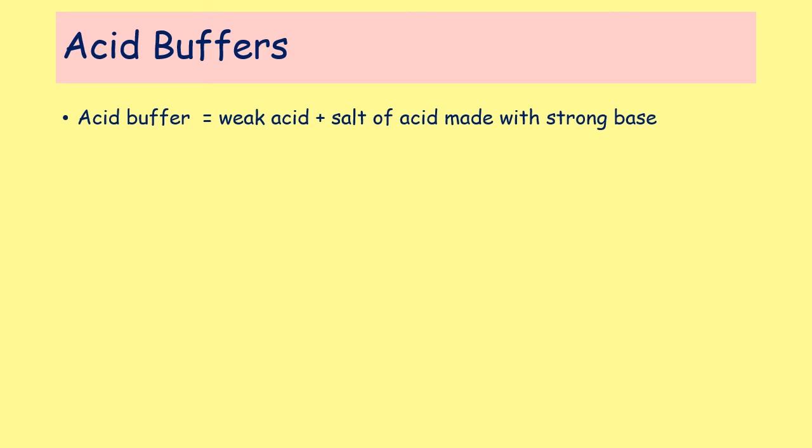So we've got two types of buffer. We've got acid buffers and we have got basic or alkaline buffers. An acid buffer is a mixture of a weak acid and a solution of a salt of that acid, that weak acid, made with a strong base.